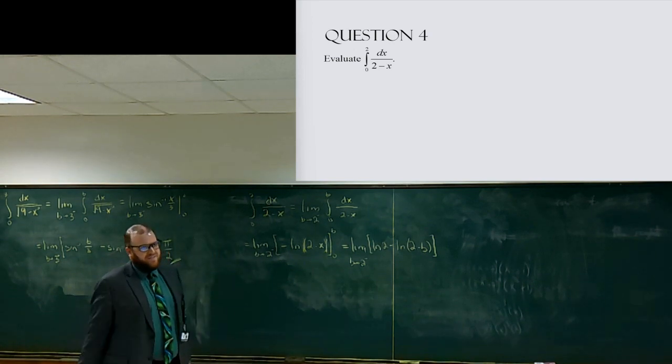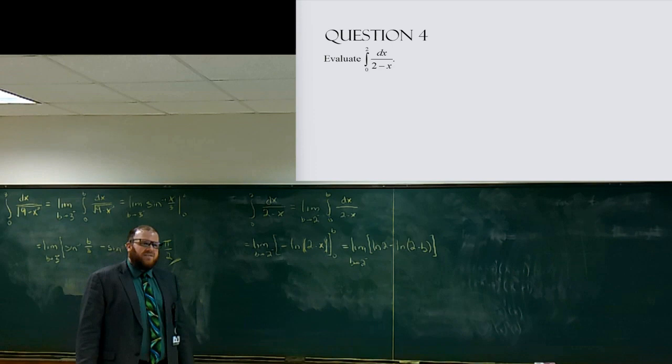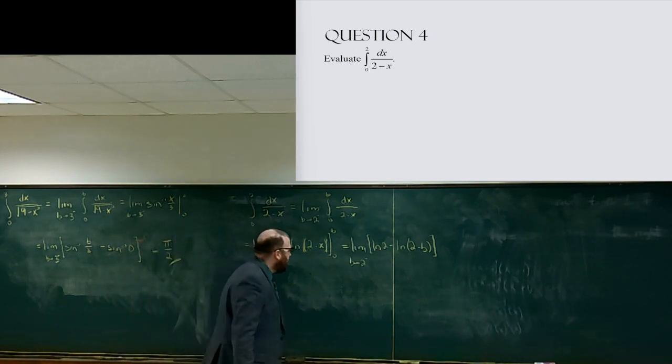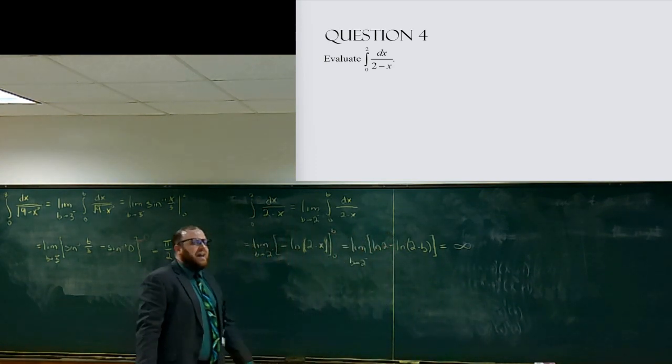It's technically negative infinity. Oh, 2 minus positive infinity. Yeah, okay, negative infinity. I'm sorry, it should have been plus, right? So it would have been positive infinity. Yeah, positive. That area is infinite.